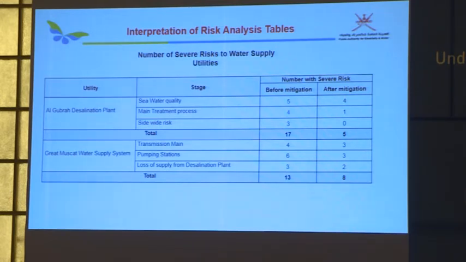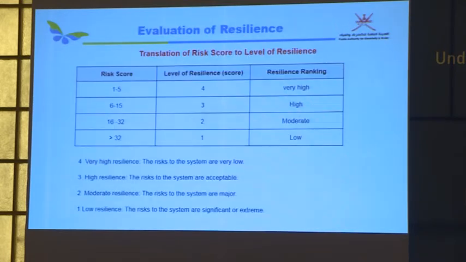I summarized the number of severe risks to the water supply utility. For Al-Jabri desalination plant, seawater quality is 5 before mitigation and 4 after mitigation. For the Greater Muscat water supply system, transmission is reduced from 4 to 3, and from 6 to 3. I have to go very fast since time is short. This is the evaluation of risk.